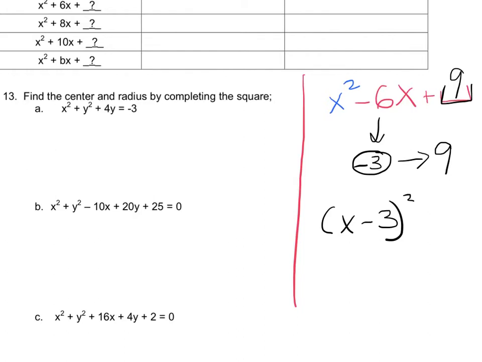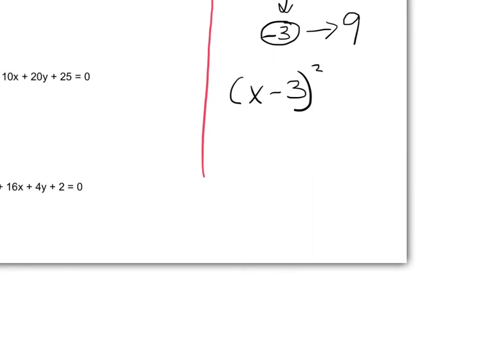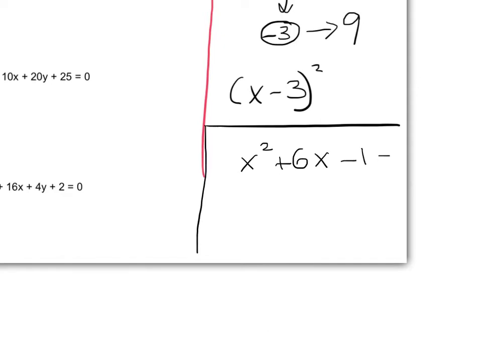Okay? Now let's do one more. What if I have an equation? It's the same concept. For example, I have x squared plus 6x minus 1 is equal to 0, and I want to complete the square. The first thing you need to do is move the negative 1 to the other side.